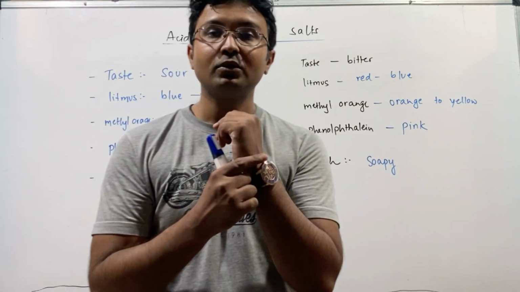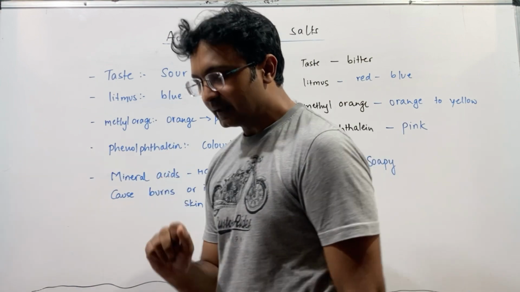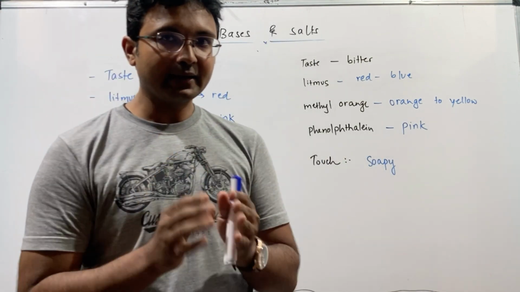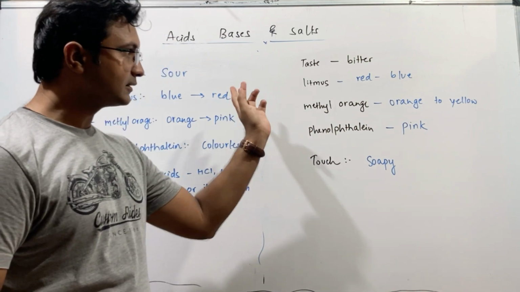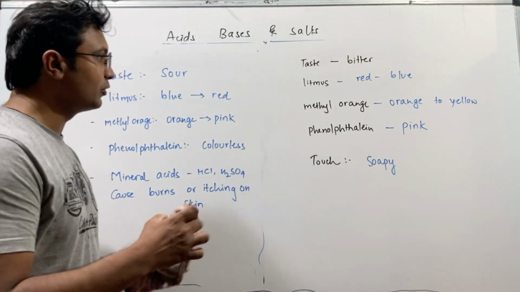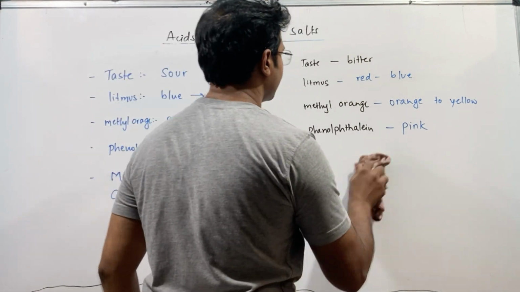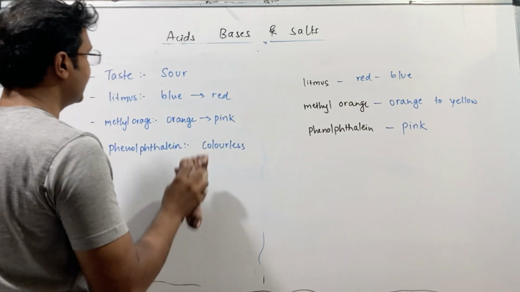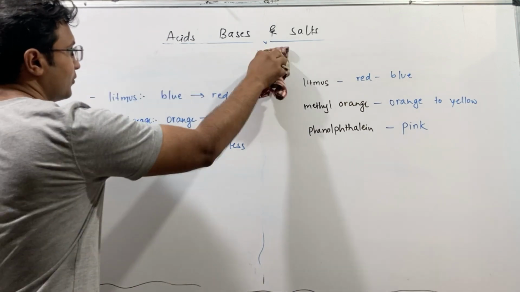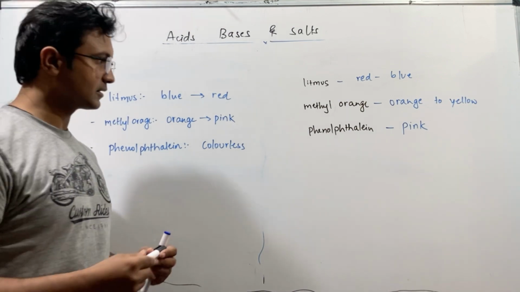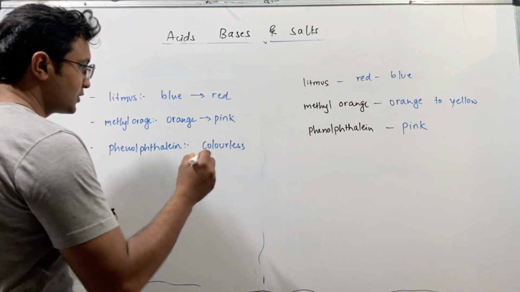Alright, now after this, let us understand the concept of pH and apply the concept of indicator to the pH. So what I am doing, I am just eliminating this part and keeping only this part so that we can clearly understand the concept of pH and apply it with respect to acids and bases. Now what is pH?